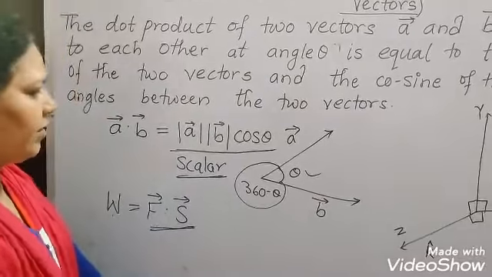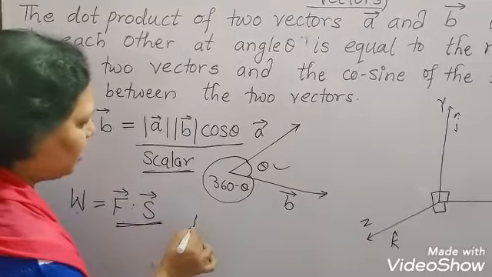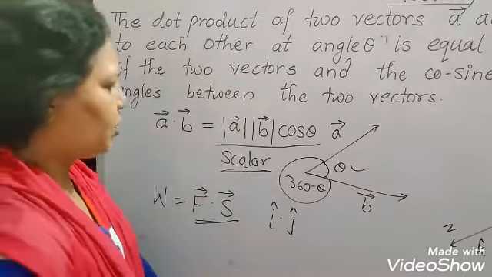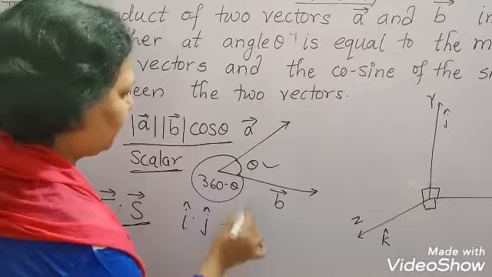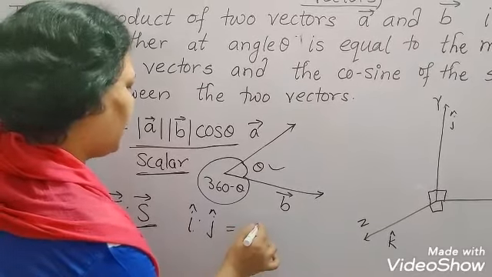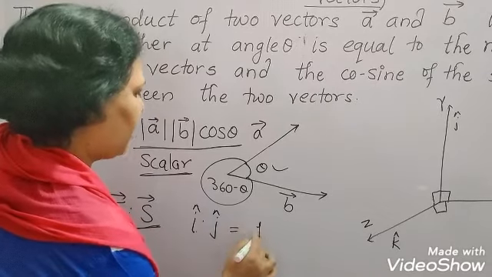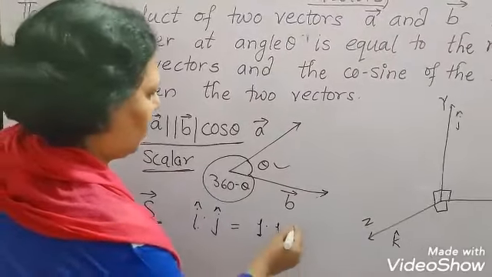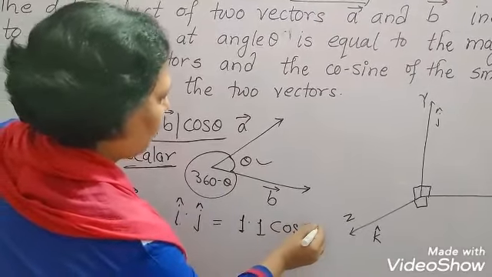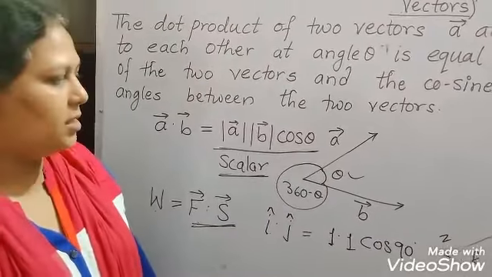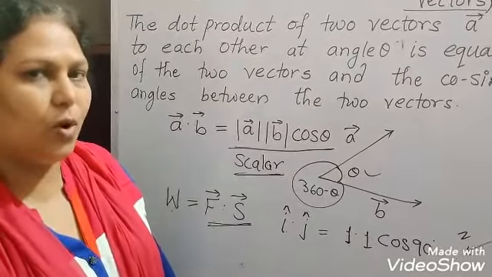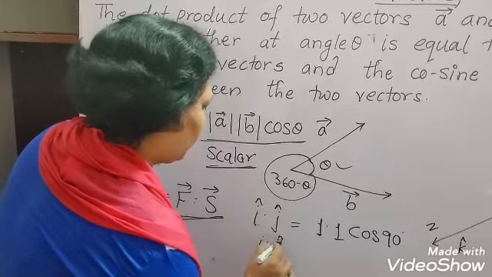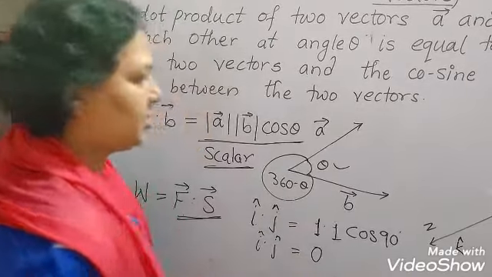So when we take the dot product of unit vectors, suppose I dot J. So I dot J will give us the magnitude of I which is equal to 1, the magnitude of J which is equal to 1, and the angle between these two is cos 90 degrees. The value of cos 90 degrees is equal to 0. So I cap dot J cap will become 0.